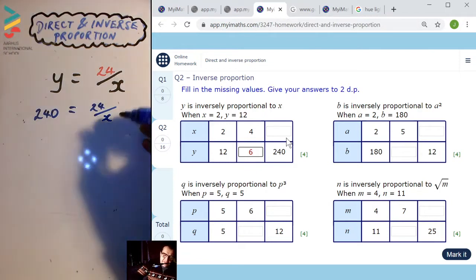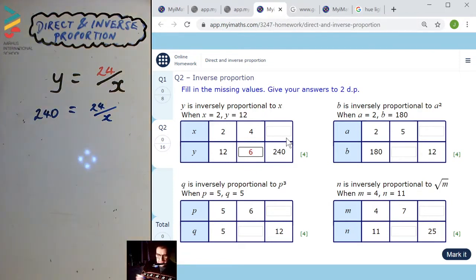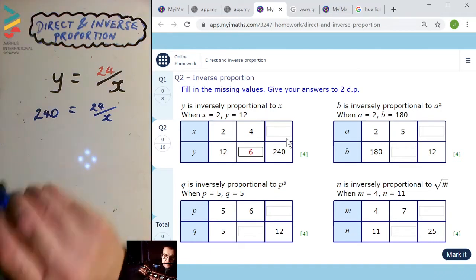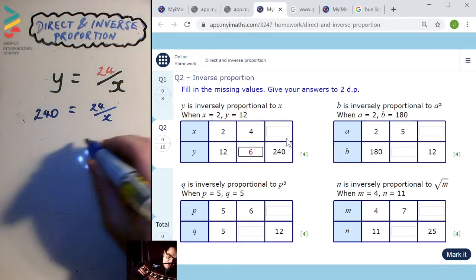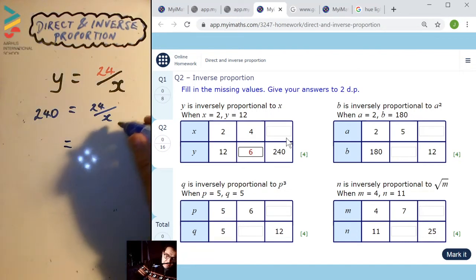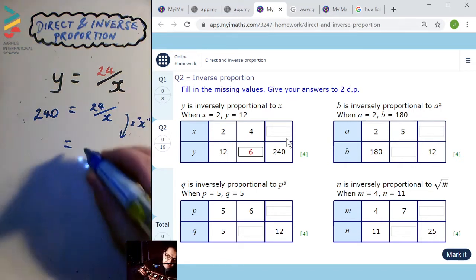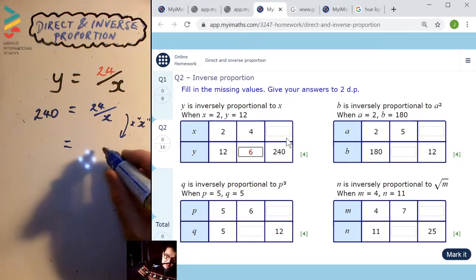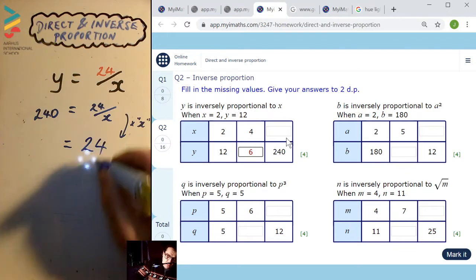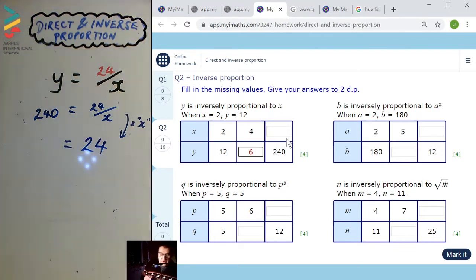Well, because x is at the bottom of the fraction, it's just slightly trickier to get to what x is, but I'm going to start by trying to get rid of the fraction by multiplying both sides by x. So if I multiply the right hand side by x, I just get a whole 24 instead of 24 divided by x.